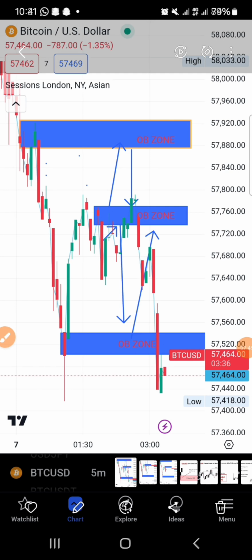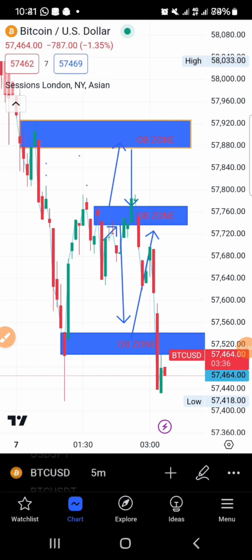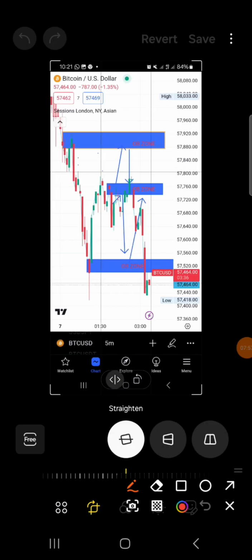So this is the result. You can see immediately the market entered this zone here, and it started to actually reverse and pick this zone.